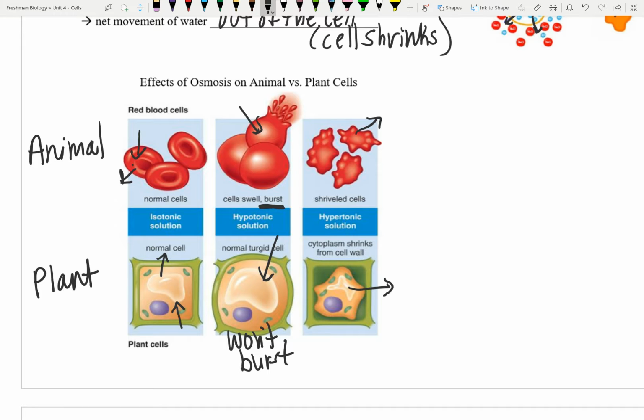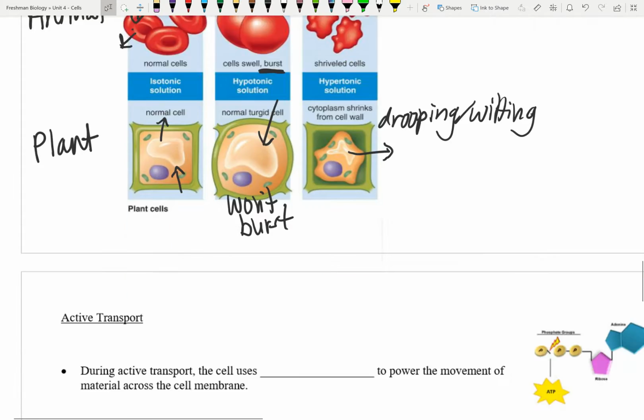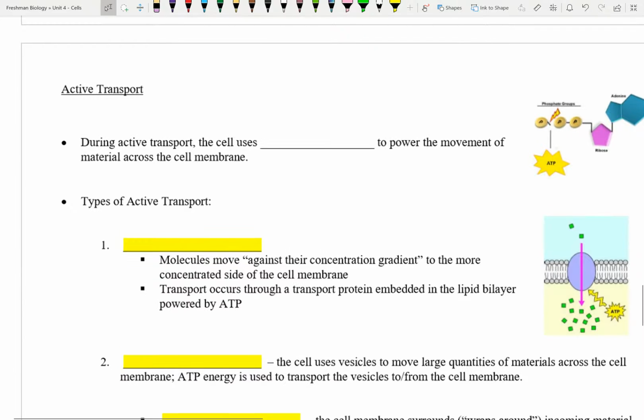In a plant cell, water would leave, and this would cause drooping or wilting to happen. And you can see here how the cell membrane is pulling away from the cell wall as that central vacuole shrinks. So that's an overview of how osmosis affects animal and plant cells.